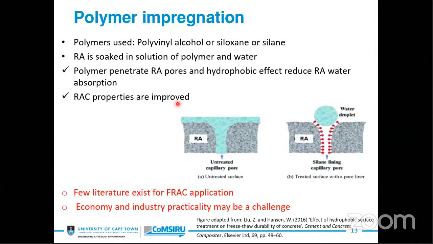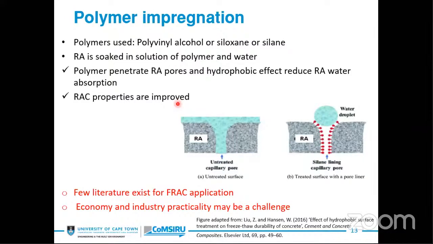Another procedure to improve recycled aggregate and recycled aggregate concrete will be the use of polymer impregnation. Now, common polymers used here include polyvinyl alcohol, otherwise known as PVA, siloxanes, and silanes. In this process, recycled aggregate is soaked in a solution containing the polymer and water.